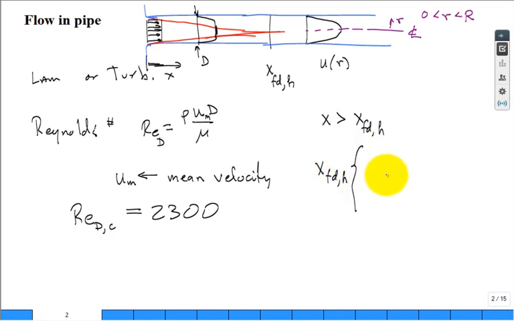And there's really two cases, and it depends on whether or not the Reynolds number is less than 2300 or the Reynolds number is greater than 2300. Are you expecting turbulent flow? It'll develop typically faster, quicker. Okay, so the equation for the distance is 10 diameters.